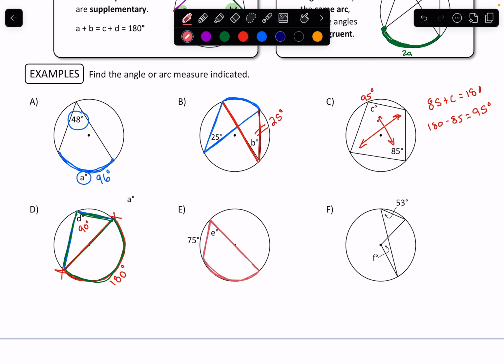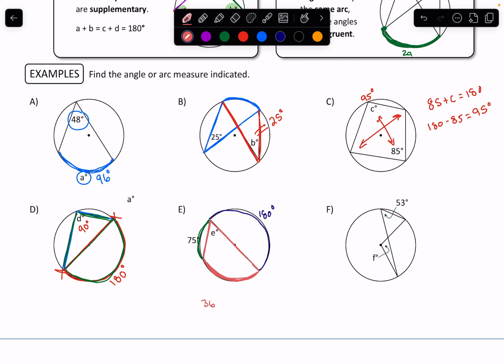So if I can find this arc's measurement, then I can find E. Well, let's see, what do I know? I know that a diameter goes halfway around the circle. So this blue arc up here, that's a 180 degree arc. And it tells me over here on the left, this green arc right here is 75 degrees, which means my pink arc is whatever's left over.